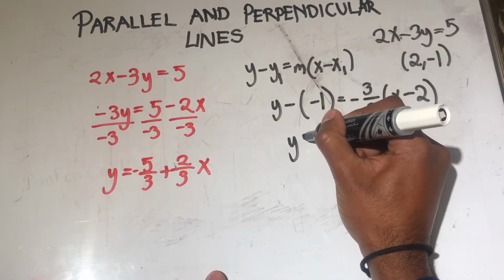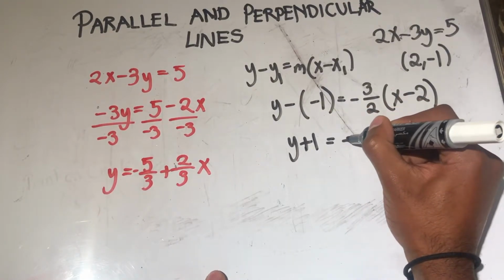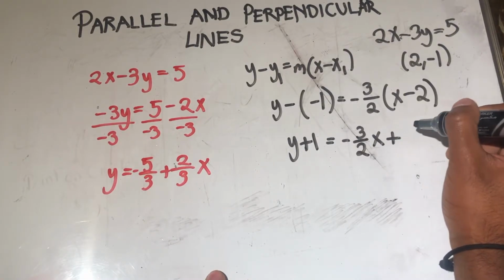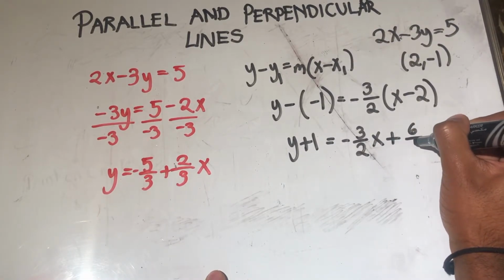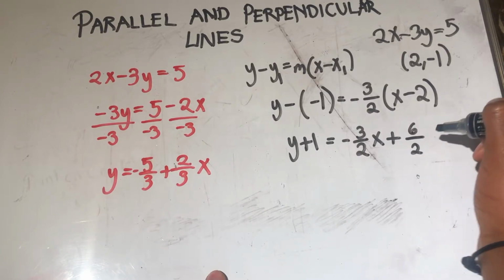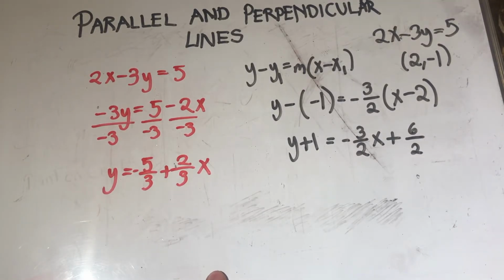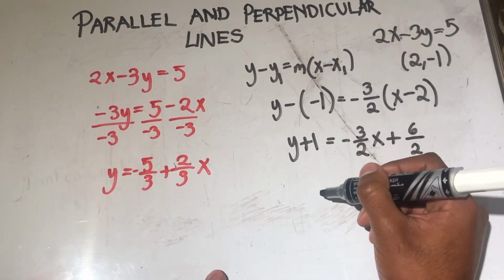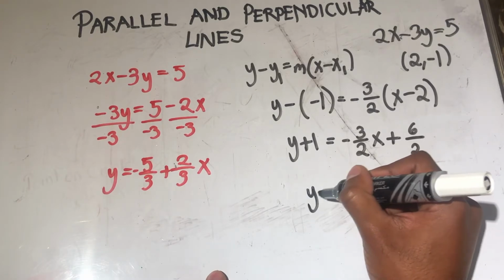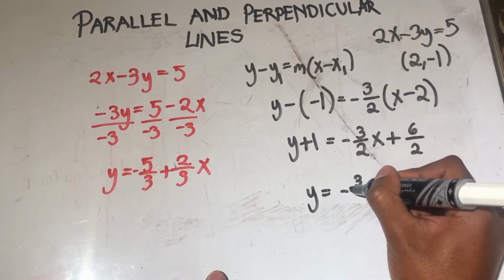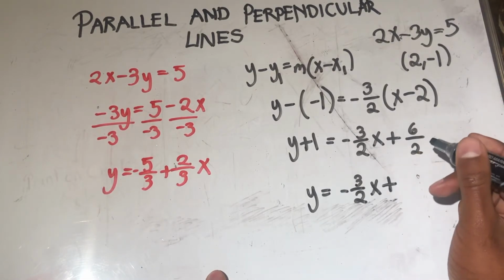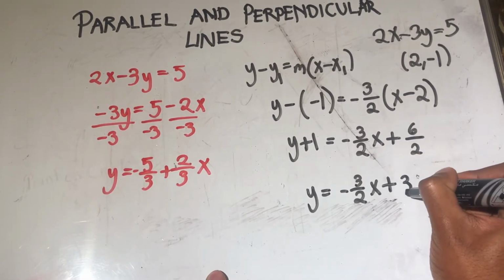Simplifying, we're going to get y plus 1 is equal to negative 3/2 x plus 6/2. Now, if we simplify further, we're going to get y is equal to negative 3/2x. 6/2 is just 3, so I'll just write 3.